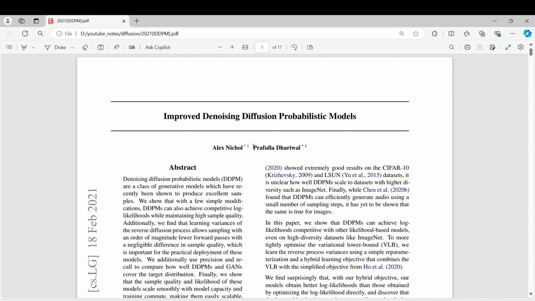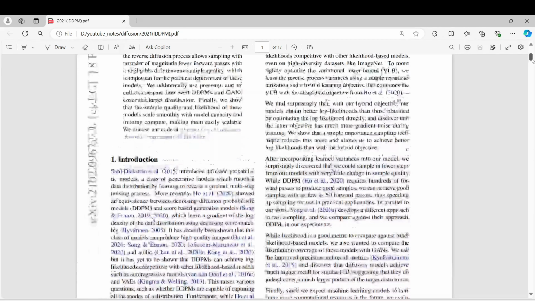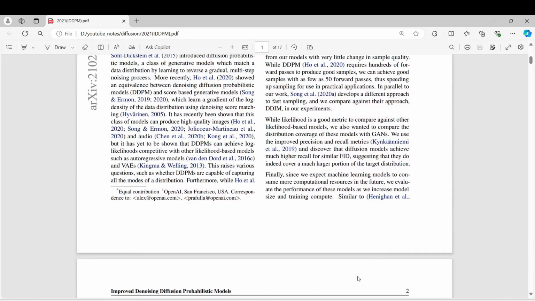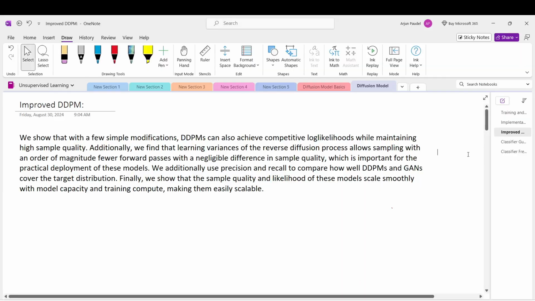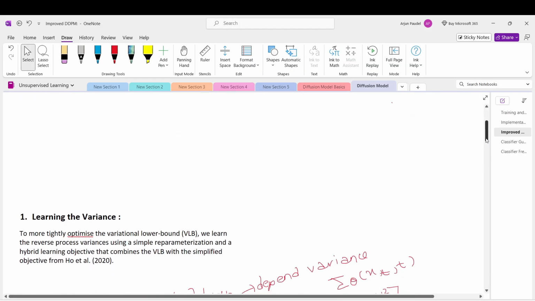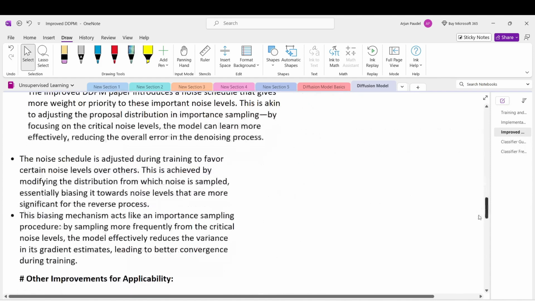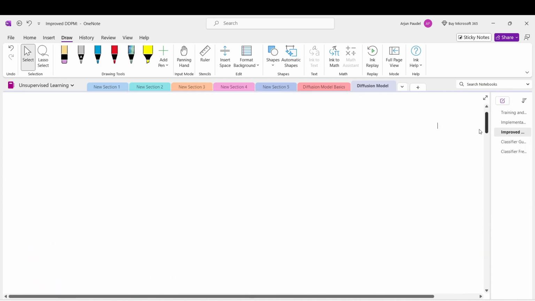This paper is written by these authors, and we're going to discuss a brief summary of what it actually brings to us.